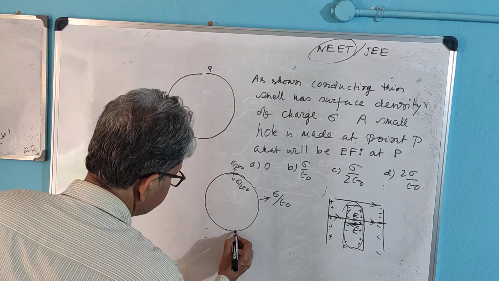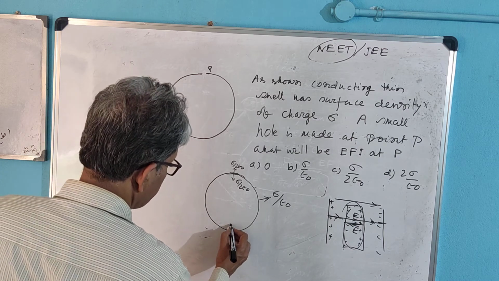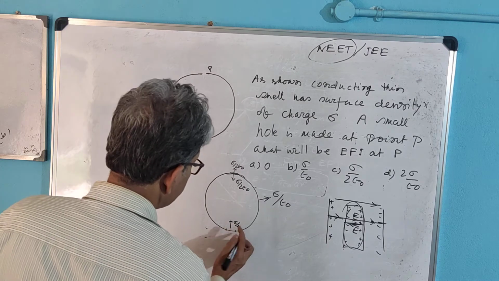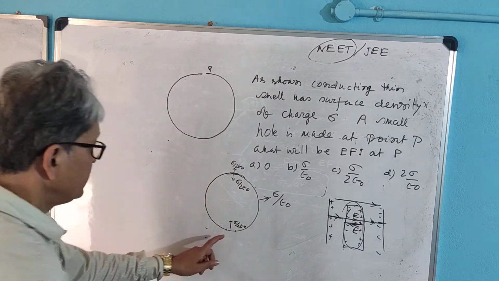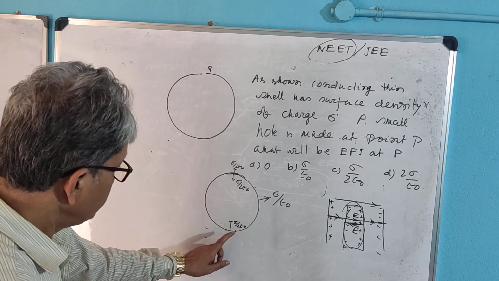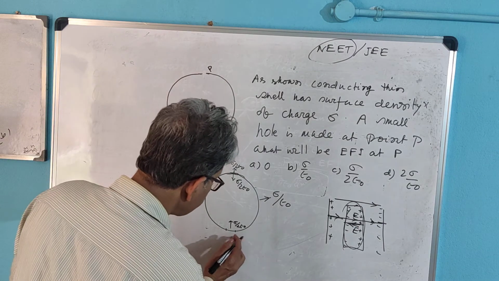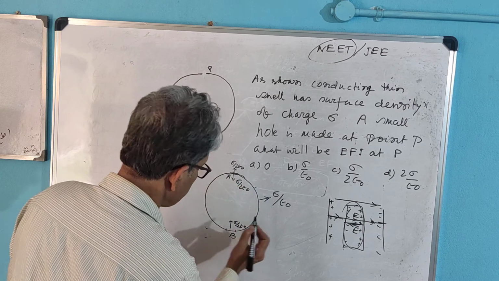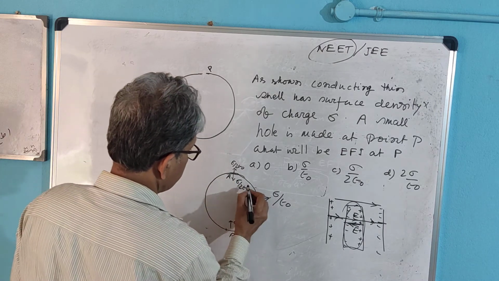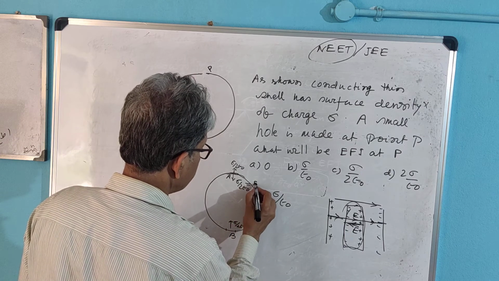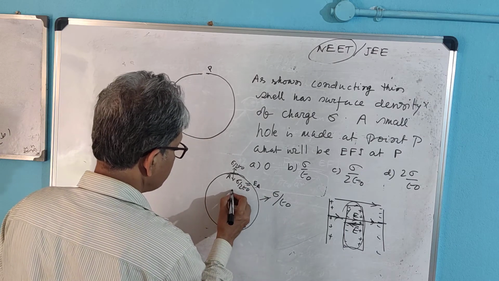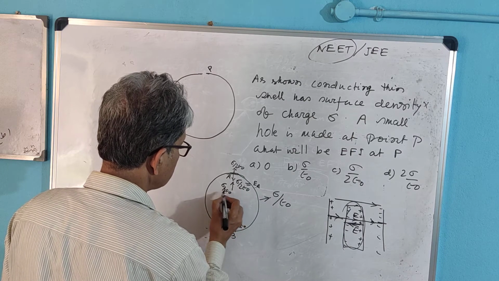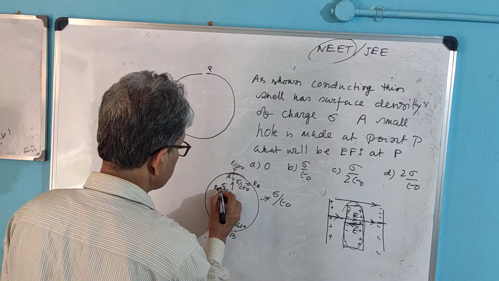Diametrically opposite, in this direction, sigma by 2 epsilon 0. Actually this does not depend upon distance. Suppose this is A part and this is B part. Here this one is for A part, sigma by 2 epsilon 0, and sigma by 2 epsilon 0 will be for B part.